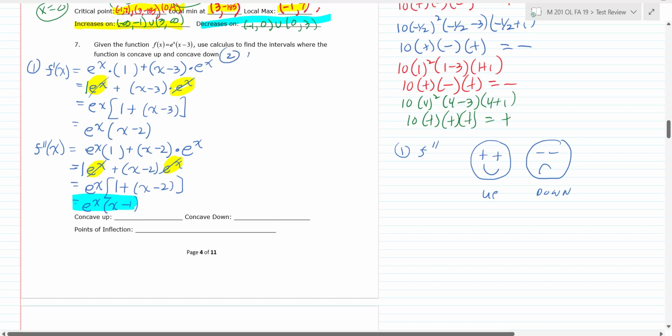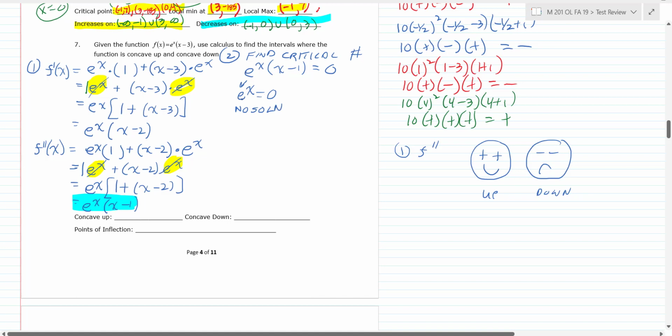Okay, now what we've got to do is find any critical numbers based on this derivative. So we've got e to the x times x minus 1. It's already in a factored form, so that makes this kind of nice. Okay, so we have two factors. The first factor we can set equal to 0, and that has no solution. You can't take a number and raise it to a power and ever get 0.